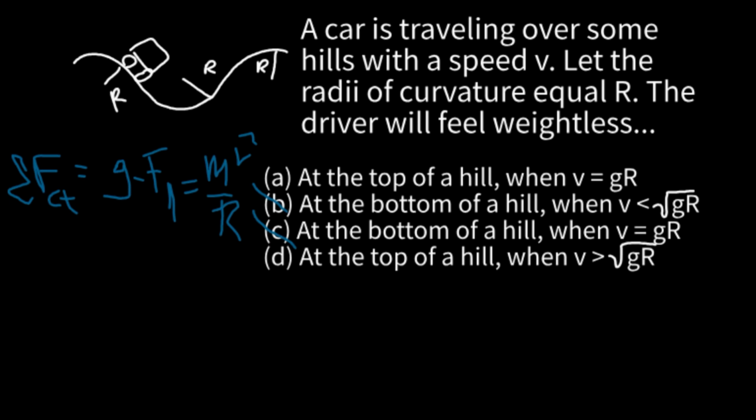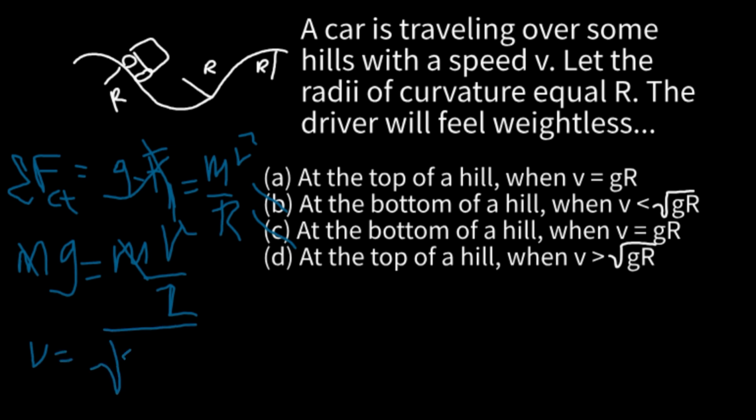So this is going to drop out, and we know that the force of gravity equals mg, so we have mg equals mv squared over r. We've got m cancel, and then we've got that v equals the square root of g times r.